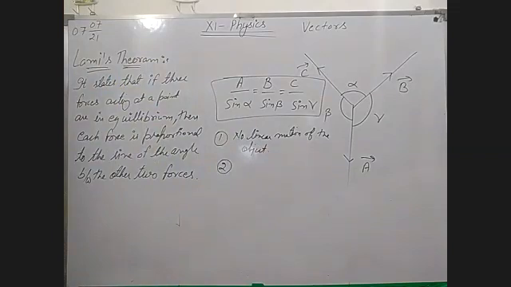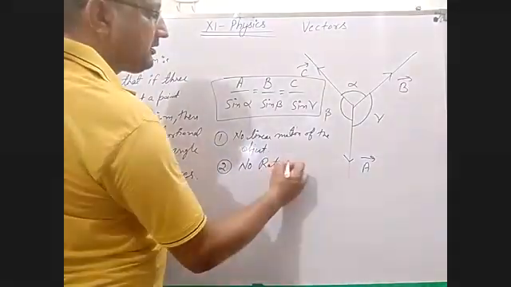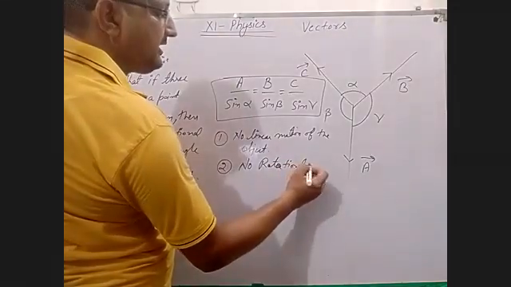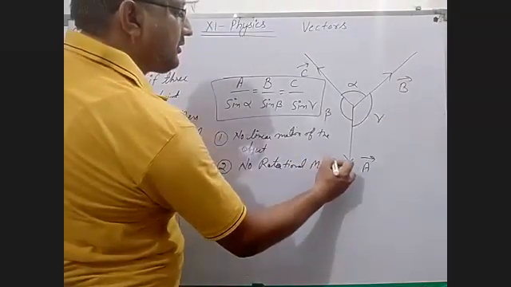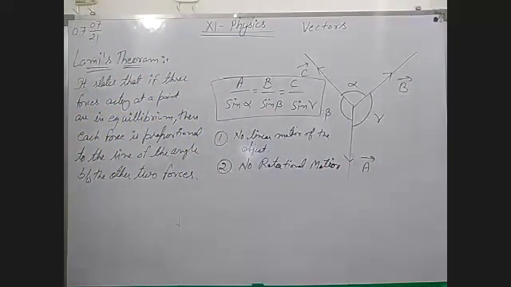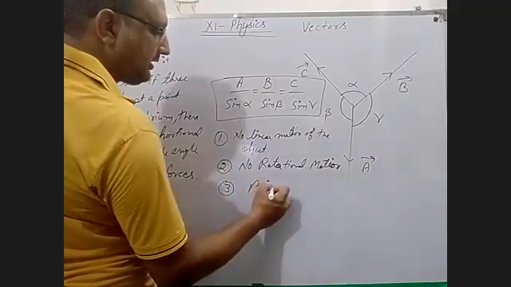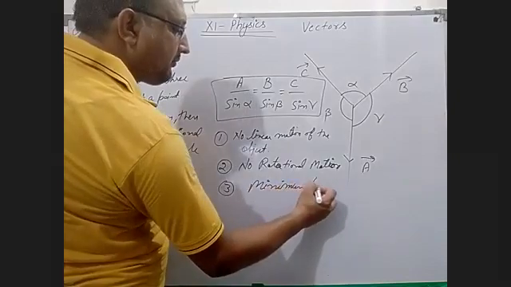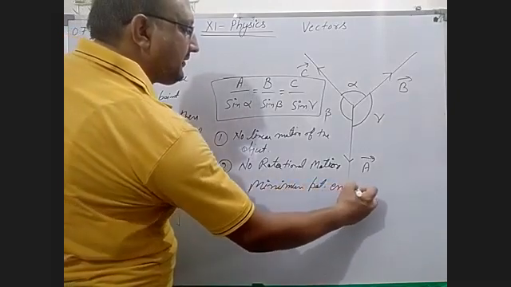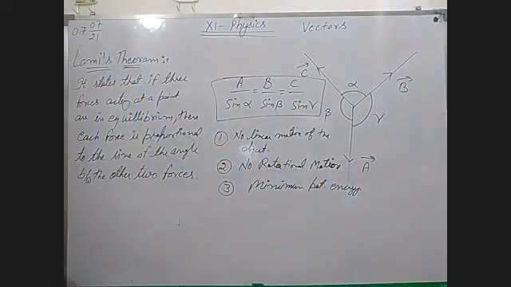There is also no rotational motion, so it can't move about its axis or about any point or axis. And it has minimum potential energy. If these three conditions are satisfied by an object, then it will be in equilibrium.